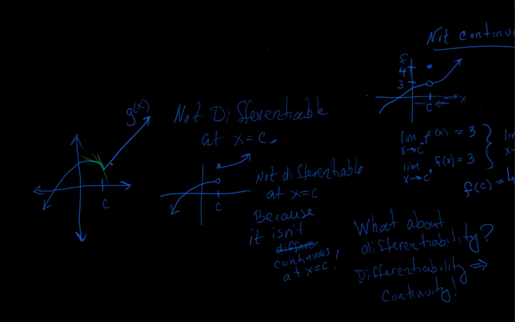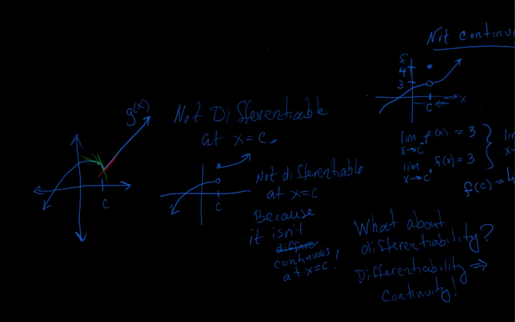The tangent lines as we get closer to c from the right are all positive, so which would it be? The tangent lines are too different on either side of c for us to define the tangent line at x equals c. So there is no tangent line that we can draw for this graph at x equals c, and therefore we can't say what the slope of that tangent line would be, which is exactly what a derivative is supposed to tell us.